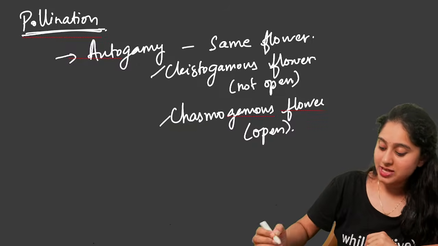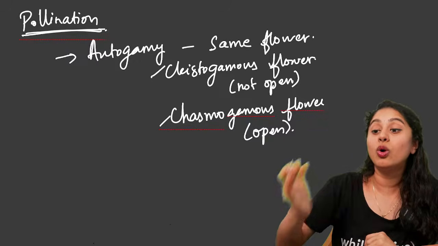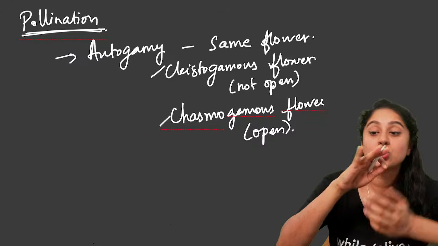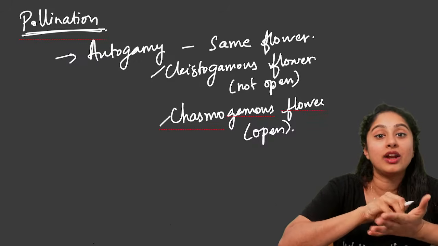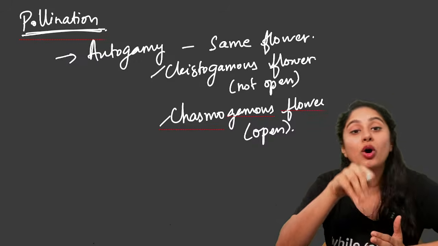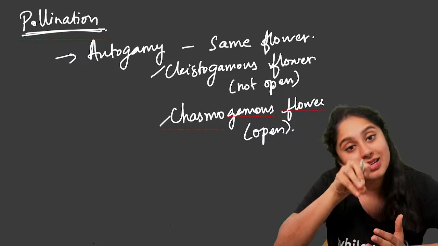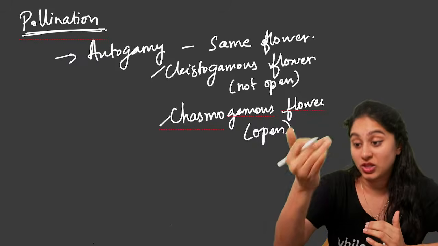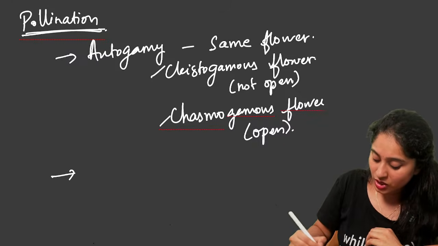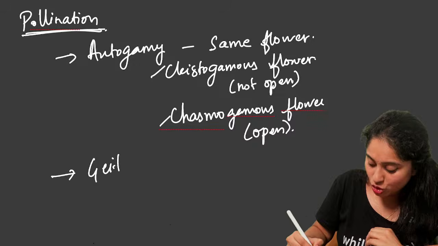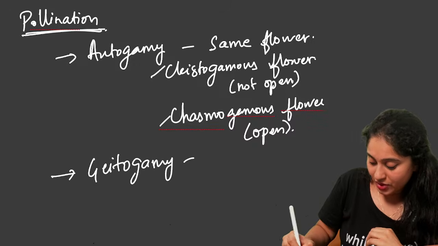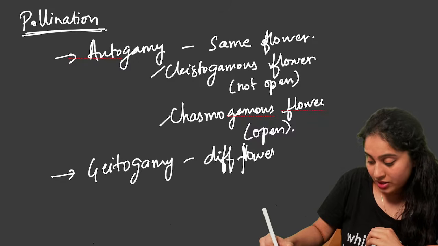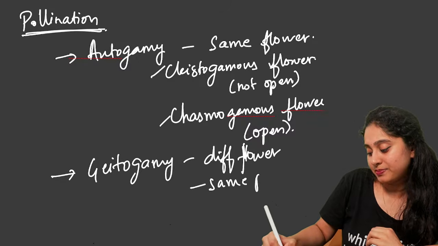Now, cleistogamous and chasmogamous flowers will undergo only self-fertilization, self-pollination. So the pollen grains from the androecium of the same flower will pollinate the stigma of the same flower. So there are no variations or any other possibilities created. Now, the other one is geitonogamy, where it is a different flower, but it is the same plant.